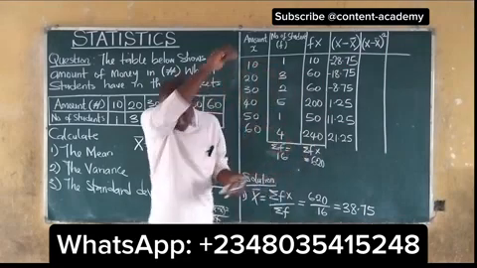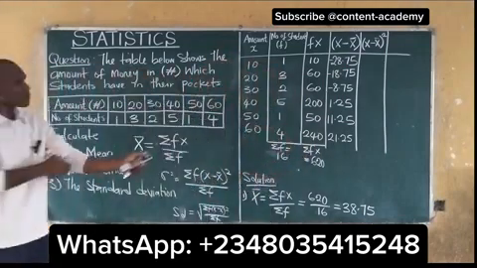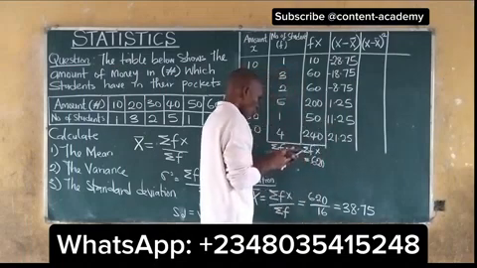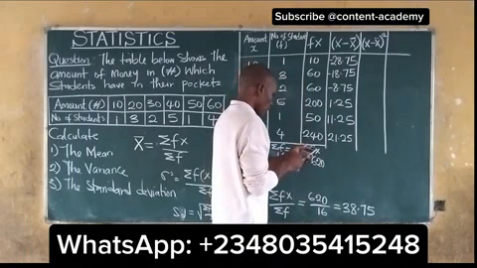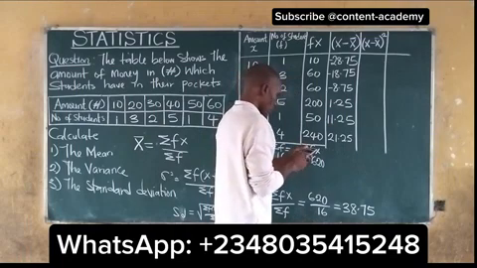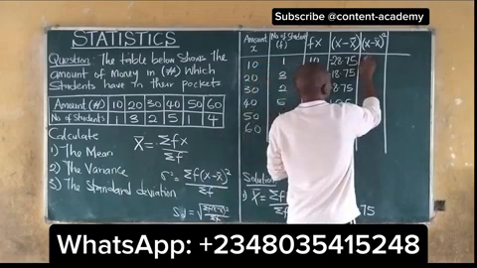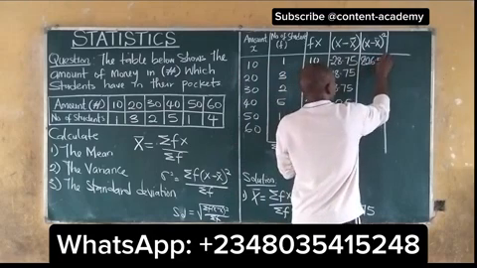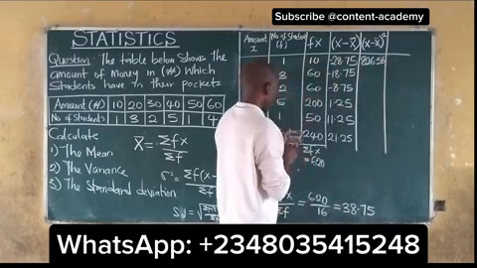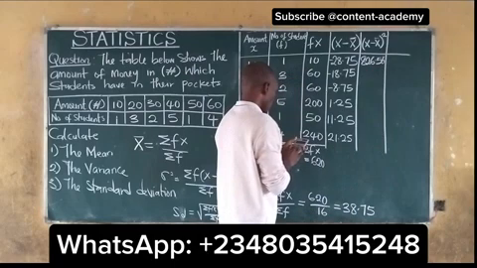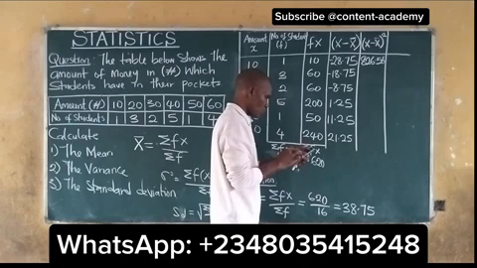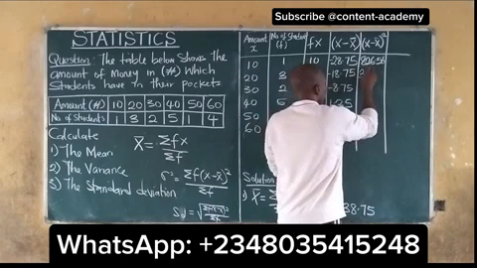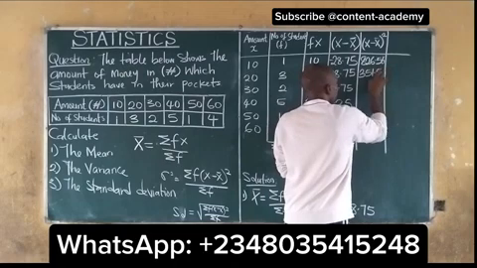So we have to square these numbers. Of course, if we square them, the negative sign goes away. So we have 28.75 squared, which is 826.56. The next one is 18.75 squared, which is 351.56.